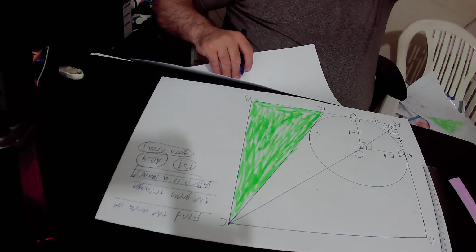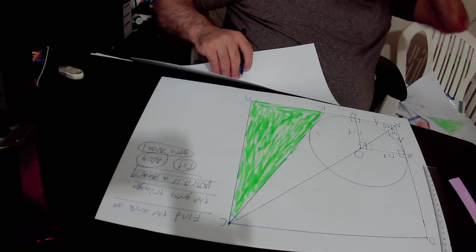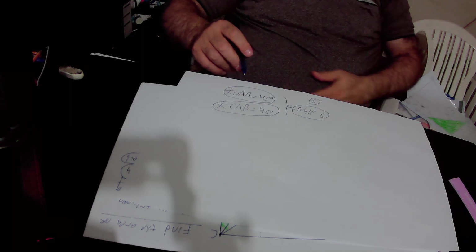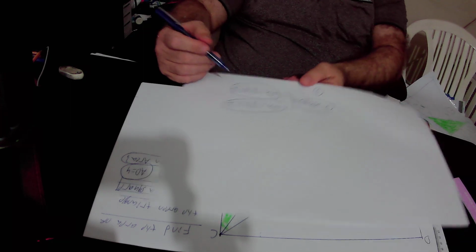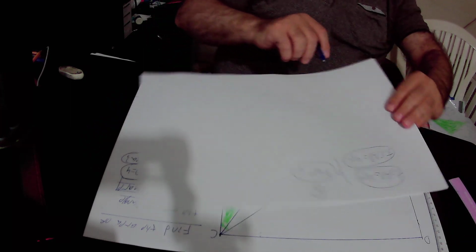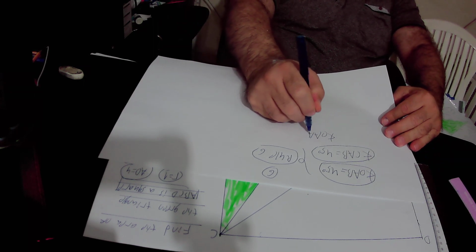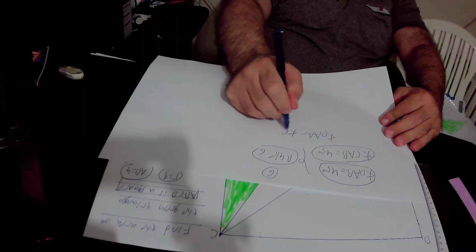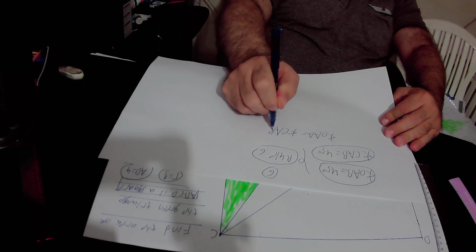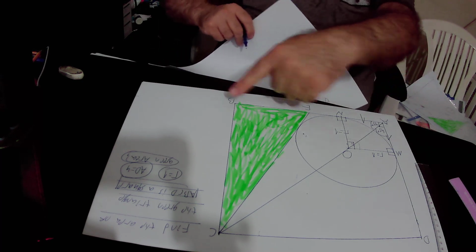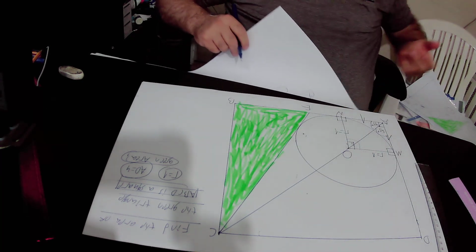So from the fact that angle OAB equals angle CAB, we know that angle OAB equals angle CAB. Okay? Angle OAB equals angle CAB.